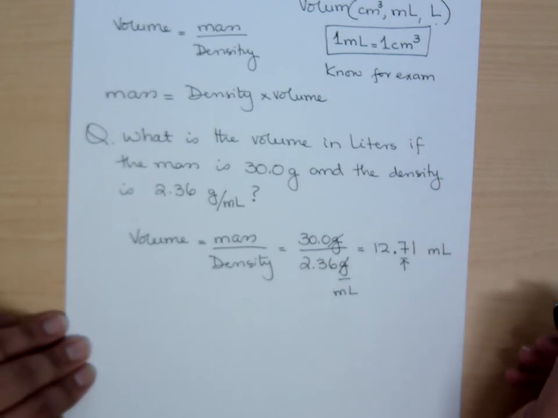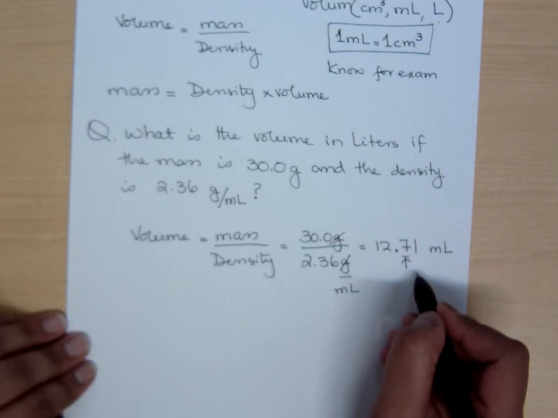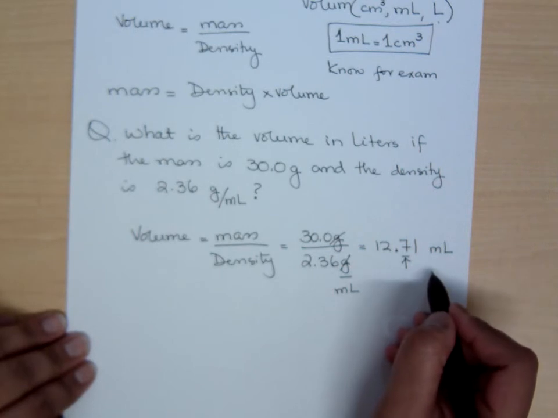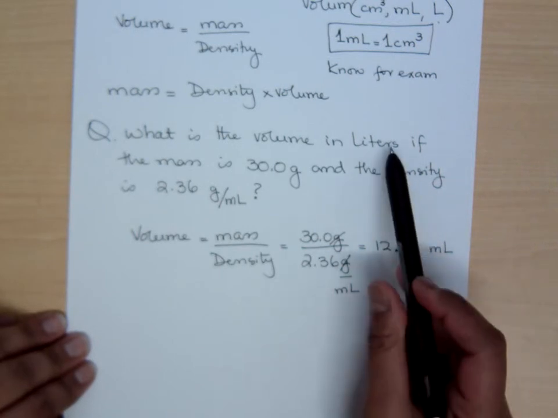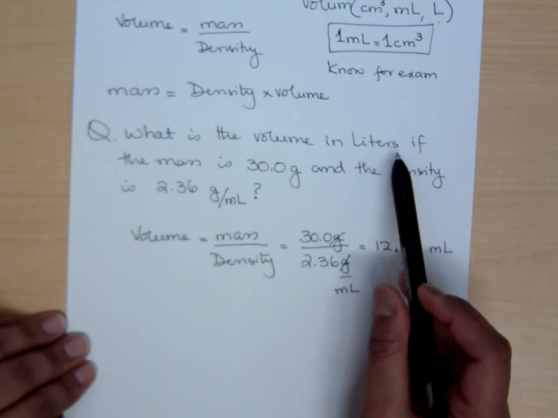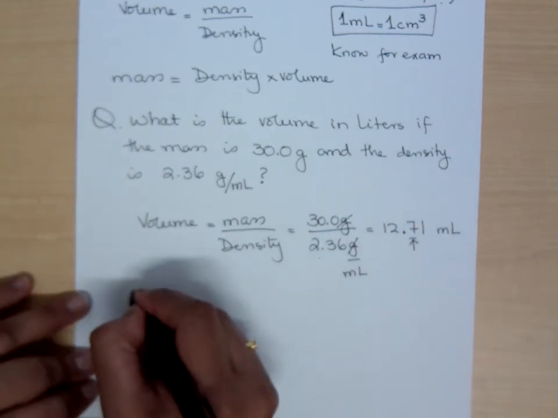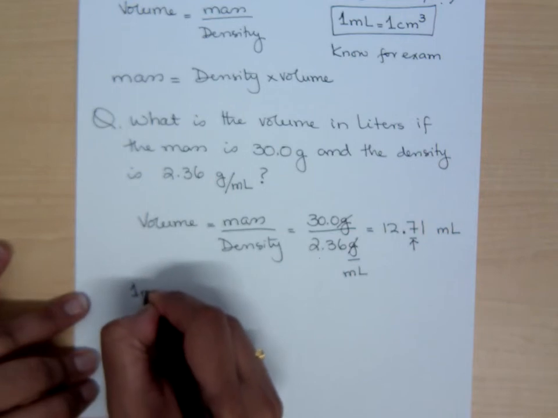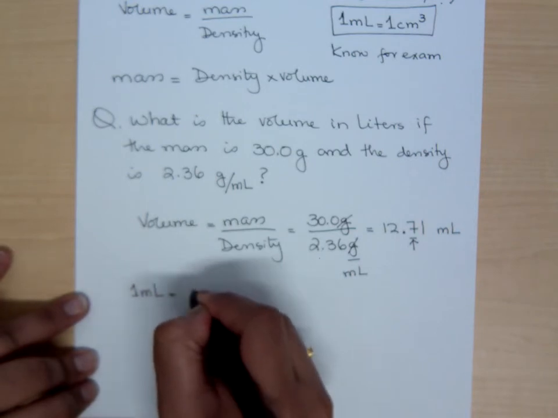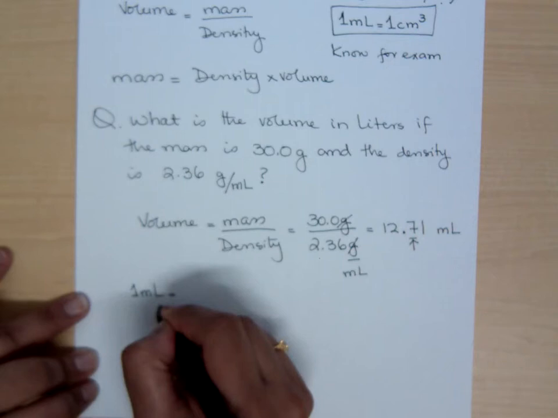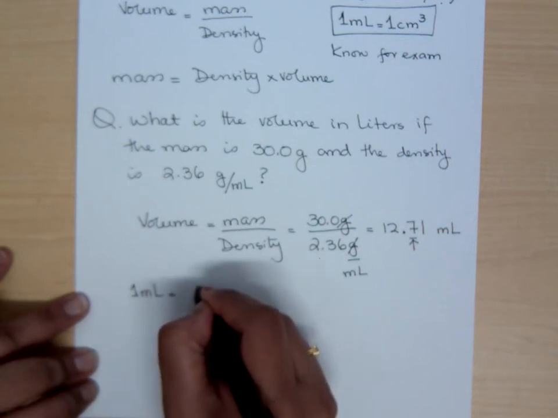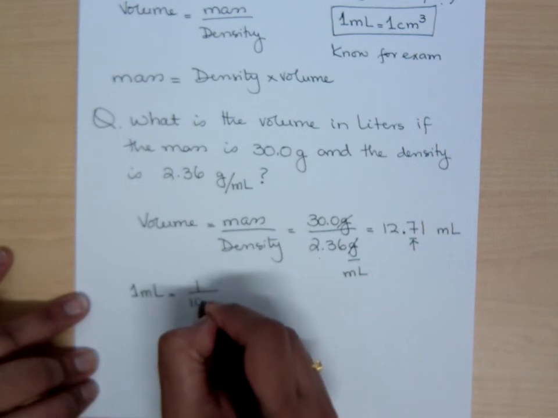Now the question asks us to change the milliliters to liters. The unit that they want is in liters. So we first need to know from our prefixes, what relationship do milliliter and liter have? 1 milliliter is equal to 1/1000 of a liter.